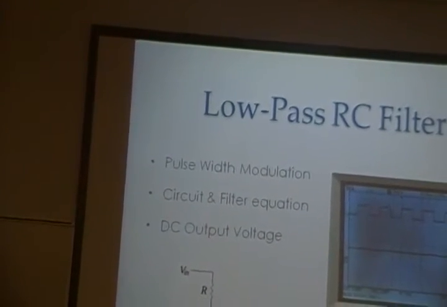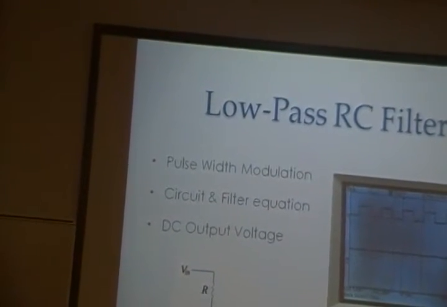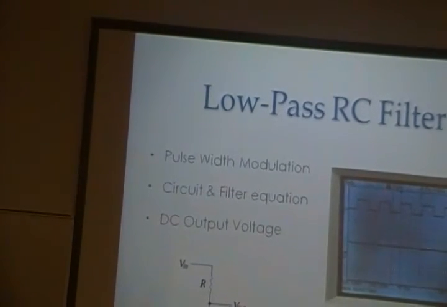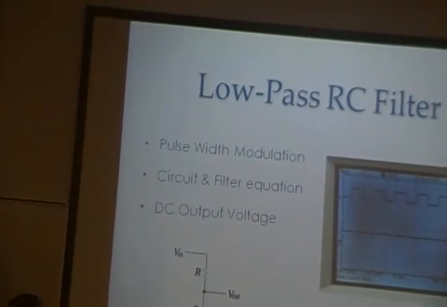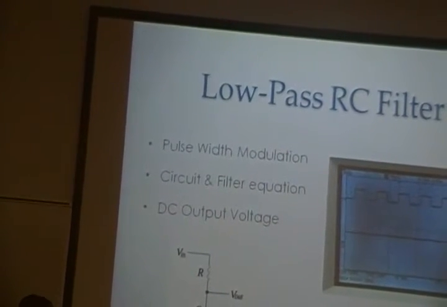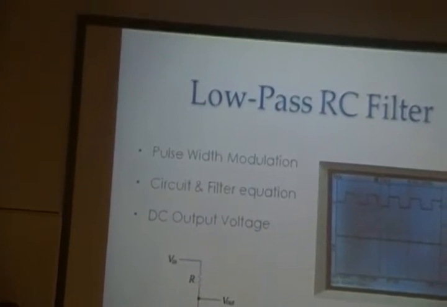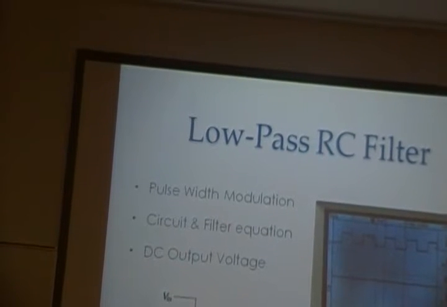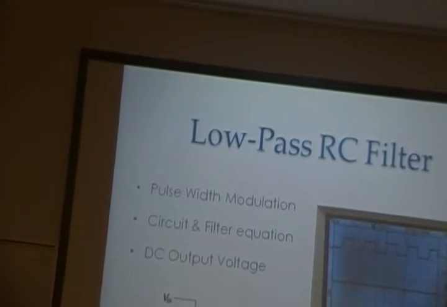This filter converts the output PWM voltage from the microcontroller into a 0 to 5 volt DC output. At the top, you can see Vin, which is 5 volts peak to peak. At the bottom is the output DC level, 0 to 5 volts. The circuit values chosen were a 660 microfarad capacitor and a 100 ohm resistor.